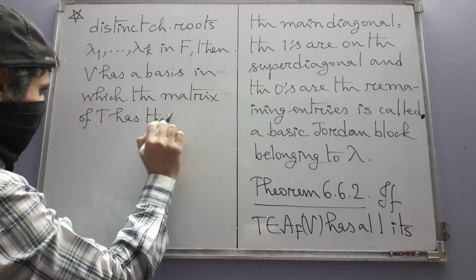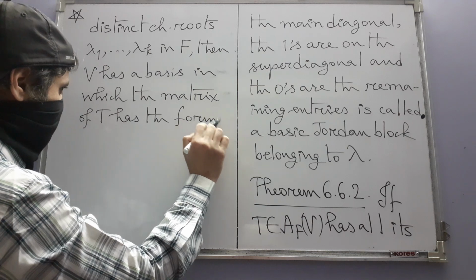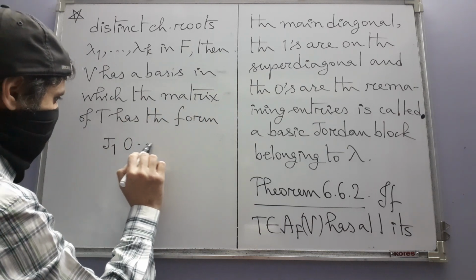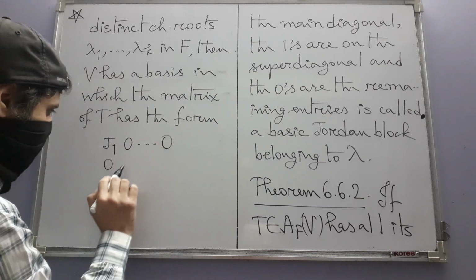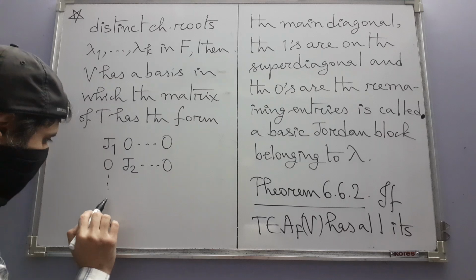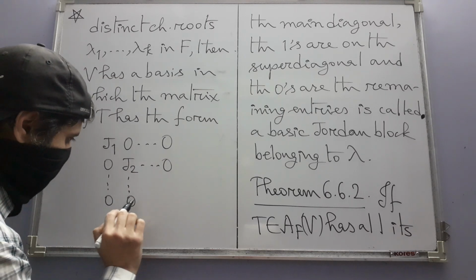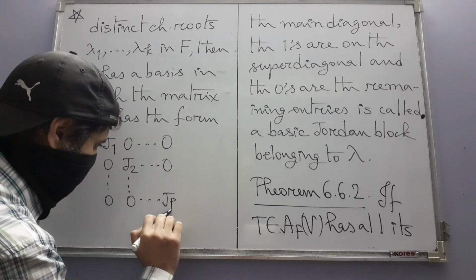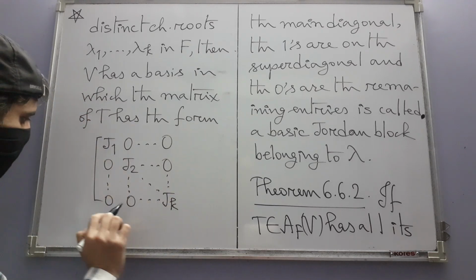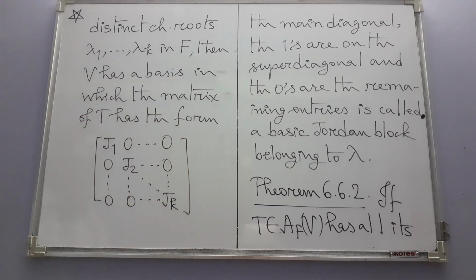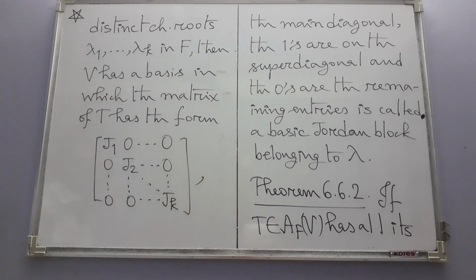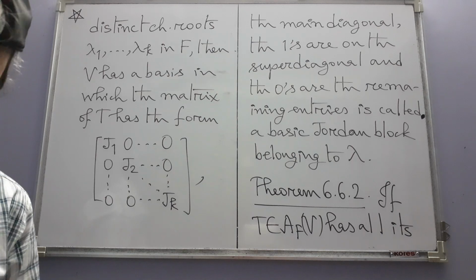has the following form. It's a block diagonal matrix. And there are as many blocks as we have distinct characteristic roots. Where now we need to say what type of blocks these are.